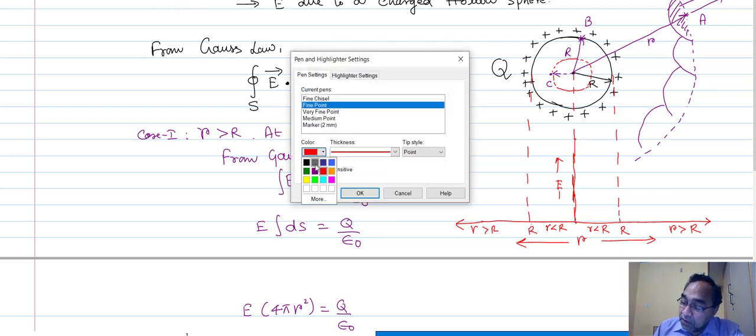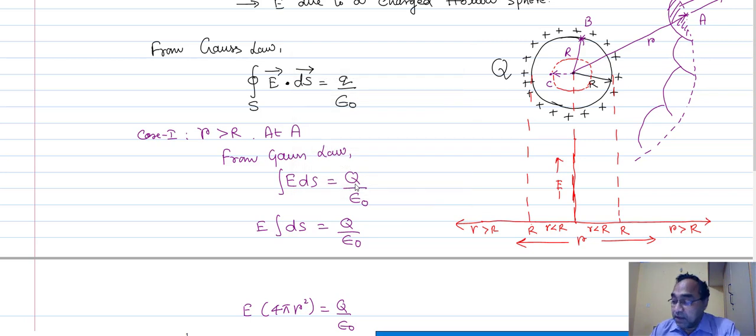We know the variation of E versus r. For the point which is outside, the variation is E is inversely proportional to r square.